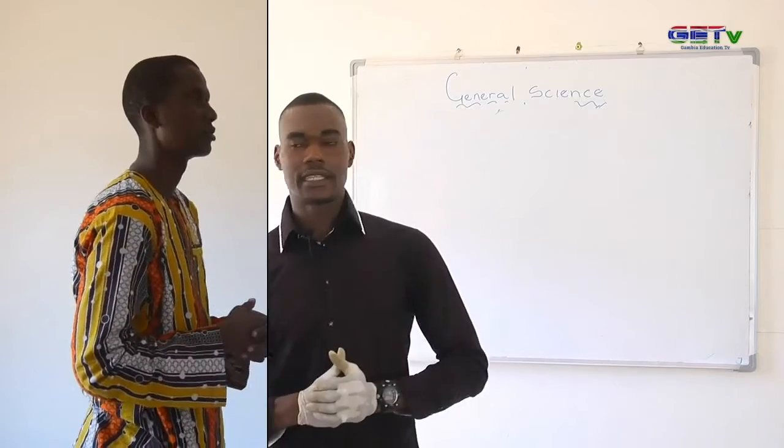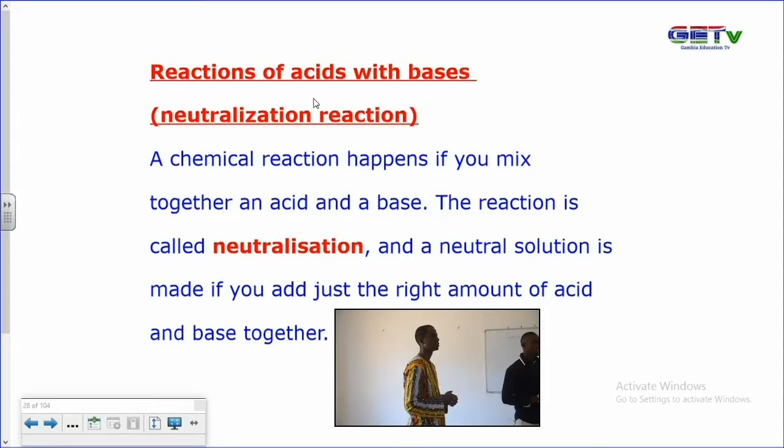We are going to look at the reaction of acids with bases. That is called a neutralization reaction. When acids react with bases, the name given to that reaction is neutralization reaction.